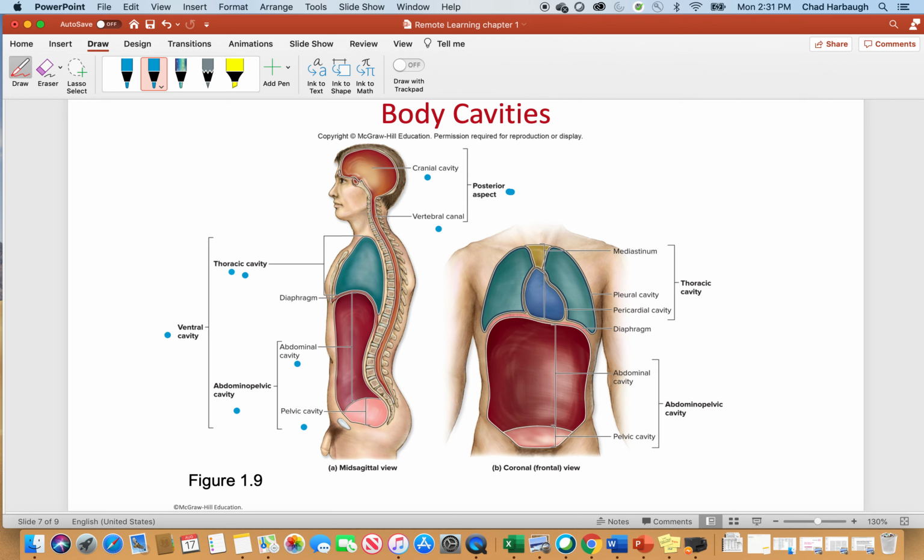Both the thoracic cavity and the abdominal pelvic cavity are lined with a thin serous membrane. These membranes secrete serous fluid within a serous cavity. Serous fluid typically consists of oil serving as a lubricant, and it helps reduce the friction during any type of organ movement.